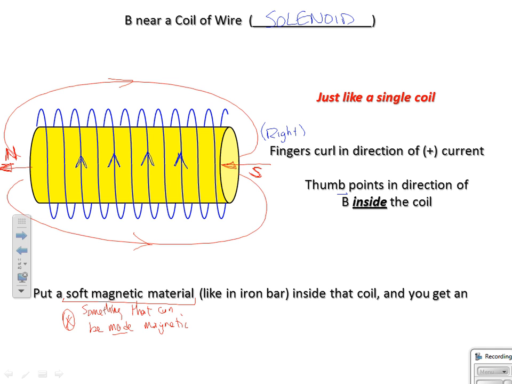Remind me to demonstrate. If we put a soft magnetic material, like an iron bar, iron's a soft magnetic material, inside that coil, what we get is a magnet that you can control the strength of. We get what's called an electromagnet.